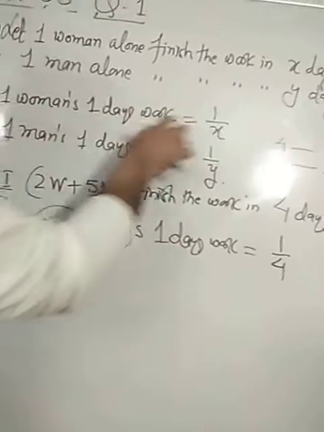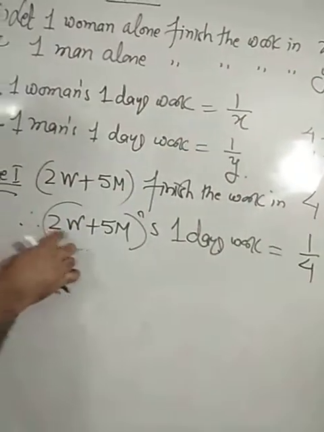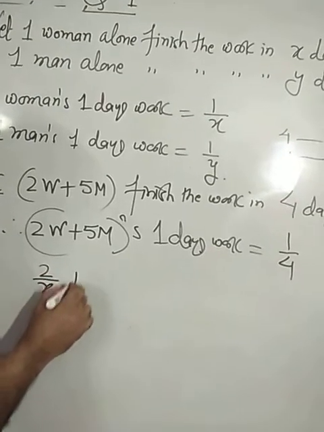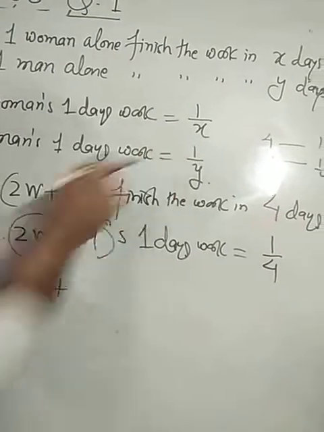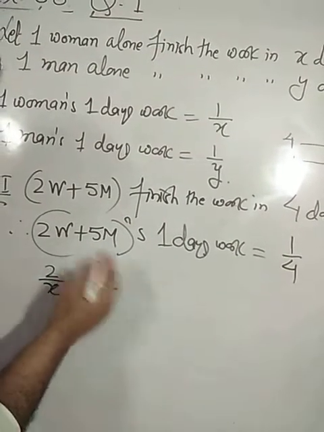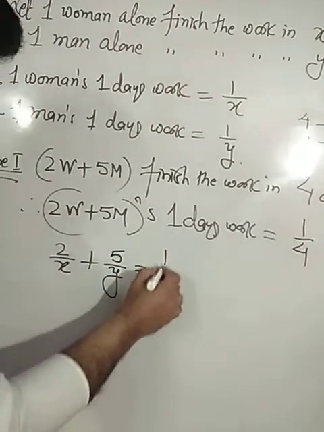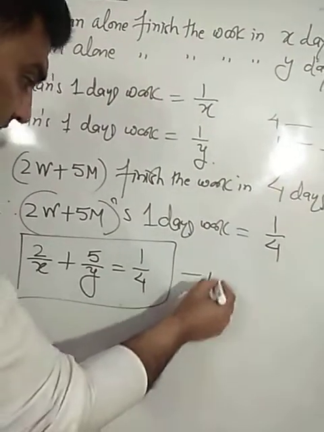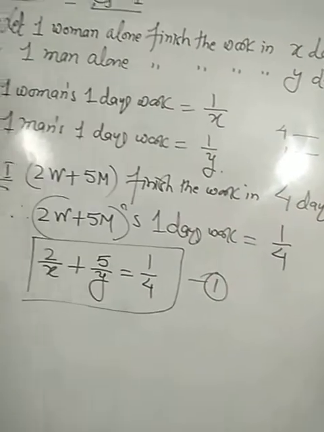One woman's 1 day's work is 1 over X. 2 women's 1 day's work is 2 over X. One man's 1 day's work is 1 over Y. Then 5 men's 1 day's work is 5 over Y. We get it equal to 1 upon 4. We get our first equation.